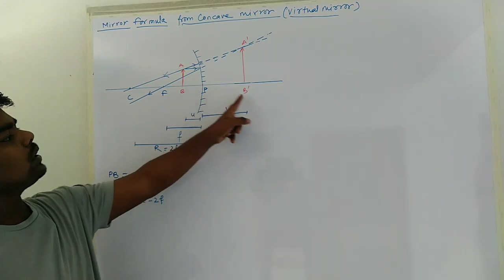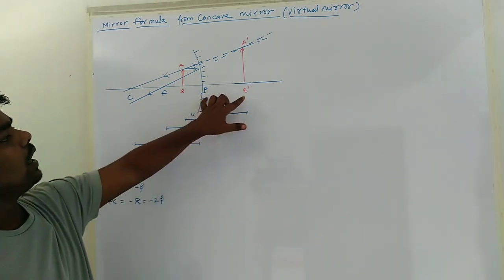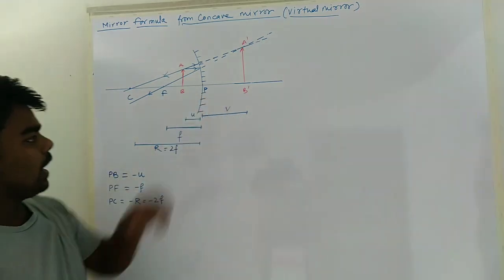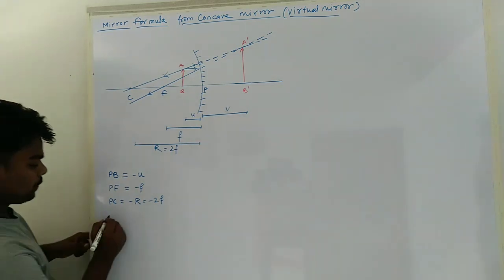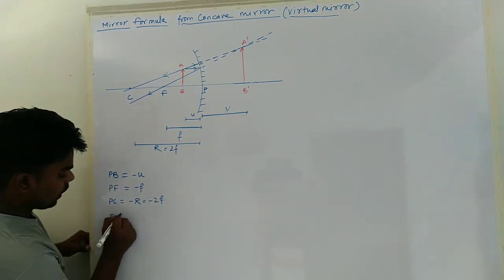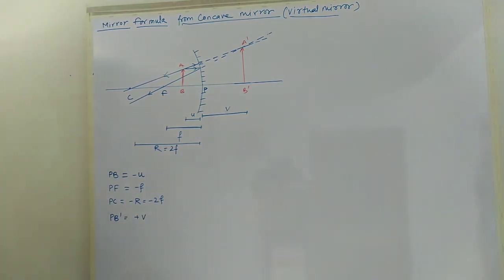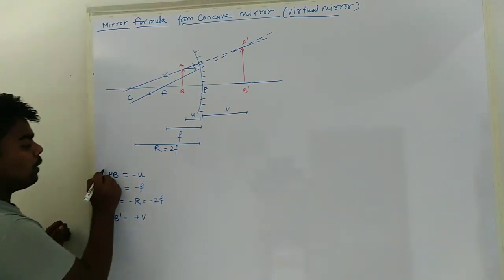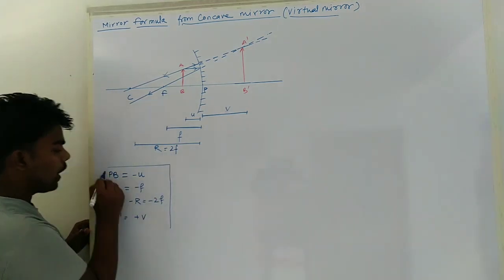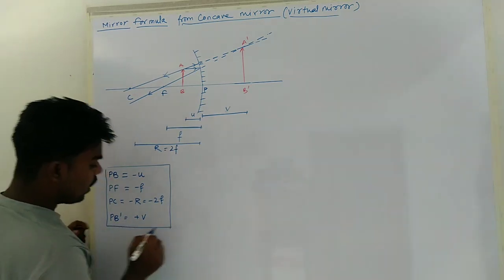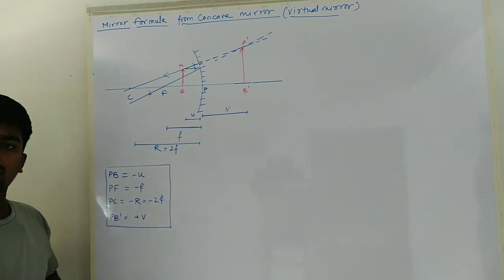The image is forming on the right-hand side of the mirror. From the pole, this distance PB dash is called the image distance, and it is towards the right. So this image distance we will take as positive V. We are not going to take a negative V. So keep in mind, when we substitute the values of these distances, we put those values along with their sign, negative or positive.